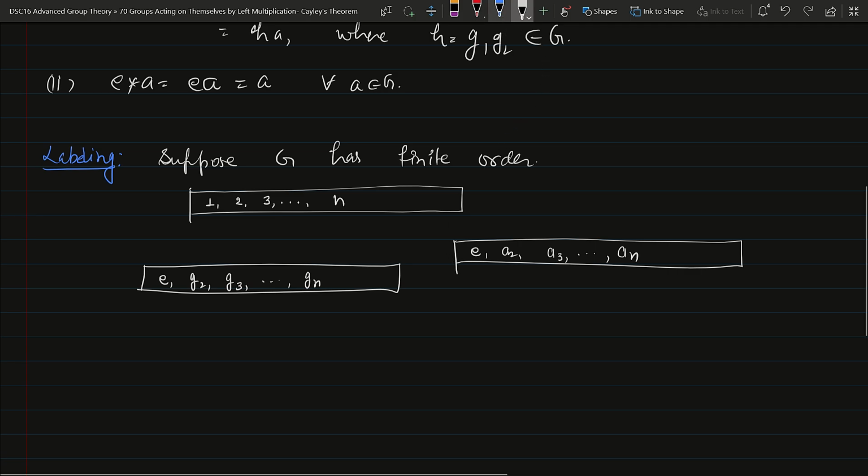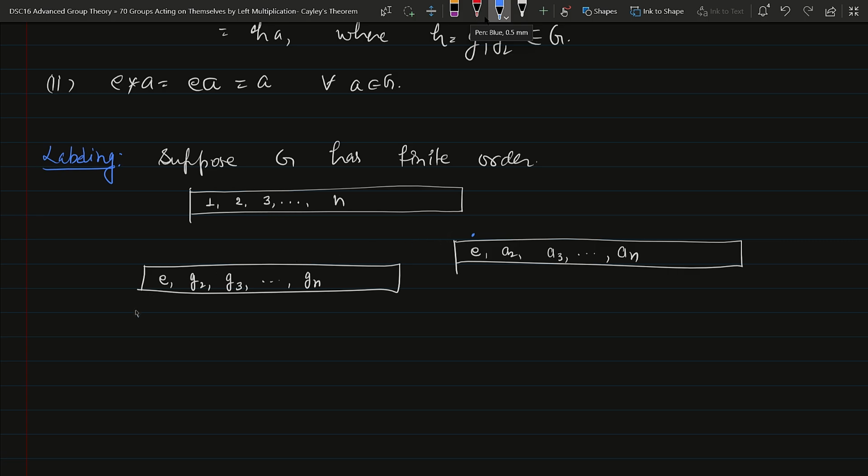So in the labeling, we say this identity element is our first element. The second element is A2, and whenever we represent A2, instead of it we will write only 2. Okay? If we write A3, then instead of A3 we are going to write 3 only. Okay?